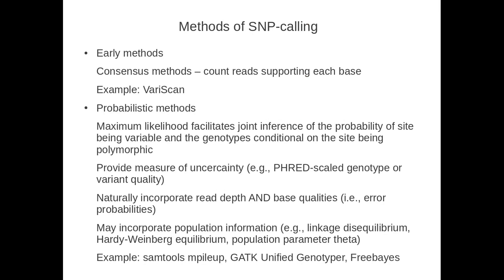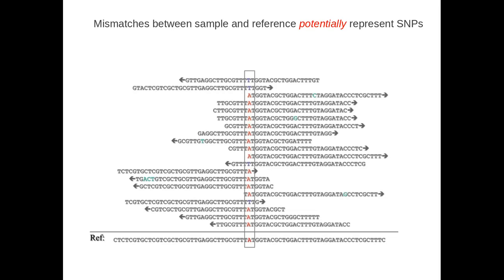But briefly, I just wanted to tell you about some of the SNP calling methods that are out there, where historically we simply used what were called consensus methods. This is just sort of base counting. So in the previous example, there's both A's and T's at this variable position. So we might infer that there's an AT heterozygote in this individual sample.